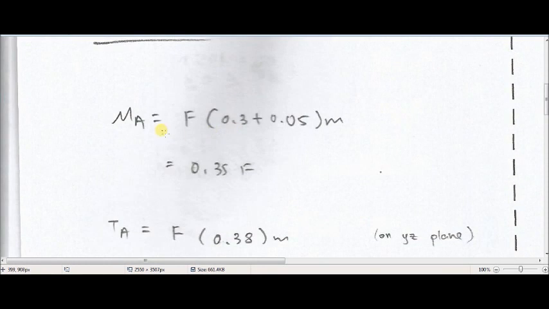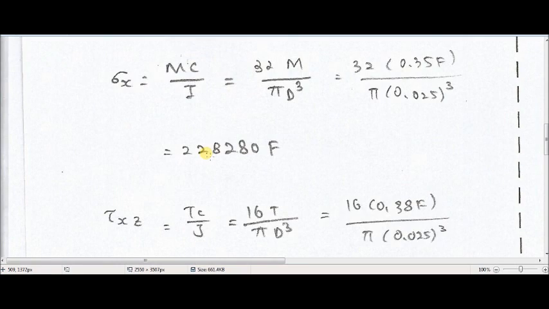Since I have found the moment at point A, I will substitute it here, and we substitute the second moment of area for a circular cross section and simplify the equation this way.